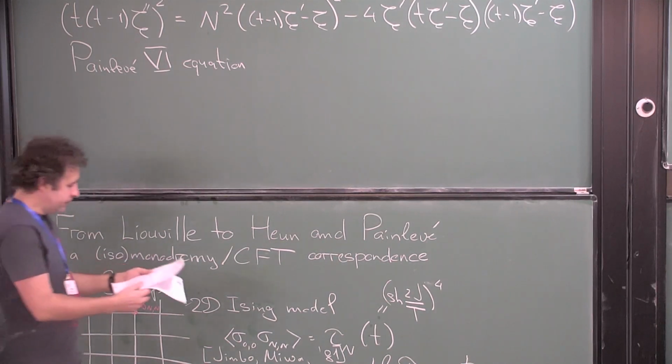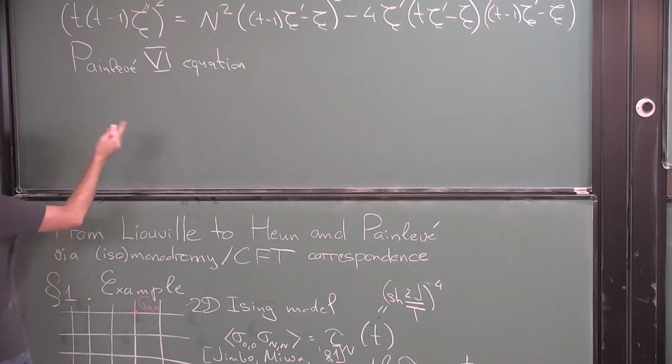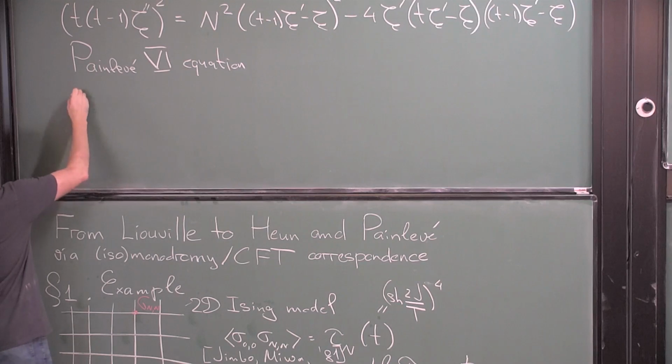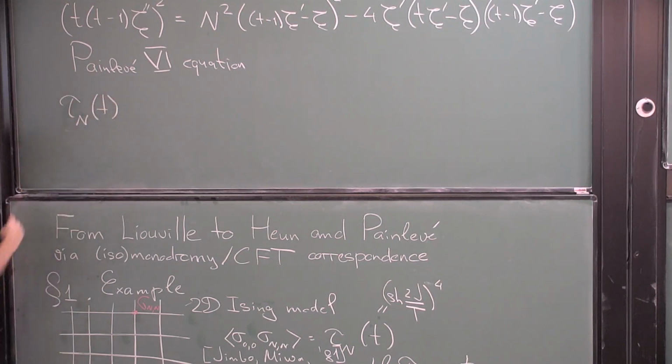On the other hand, there is a much older result, due to Onsager, Yang, Montroll, Potts, Ward in the late 40s to early 60s, which relates the same correlation function, tau n of t, so it can be written as a Toeplitz determinant.